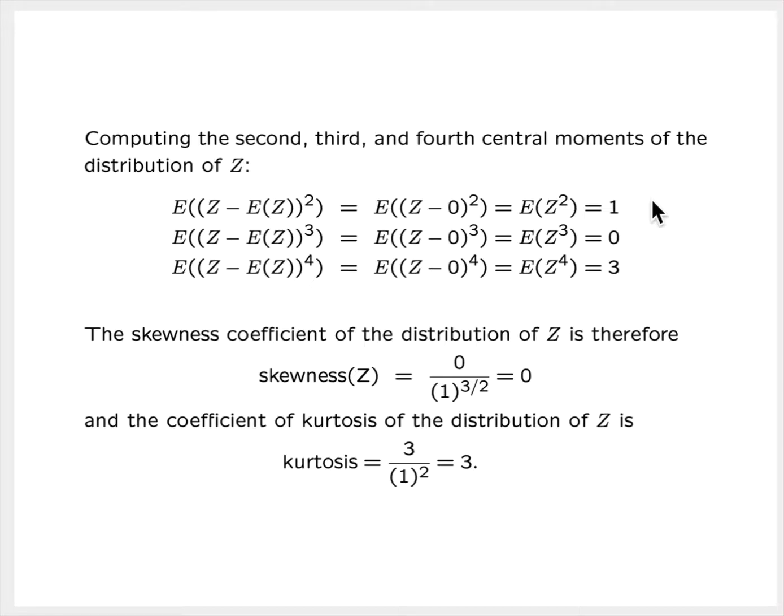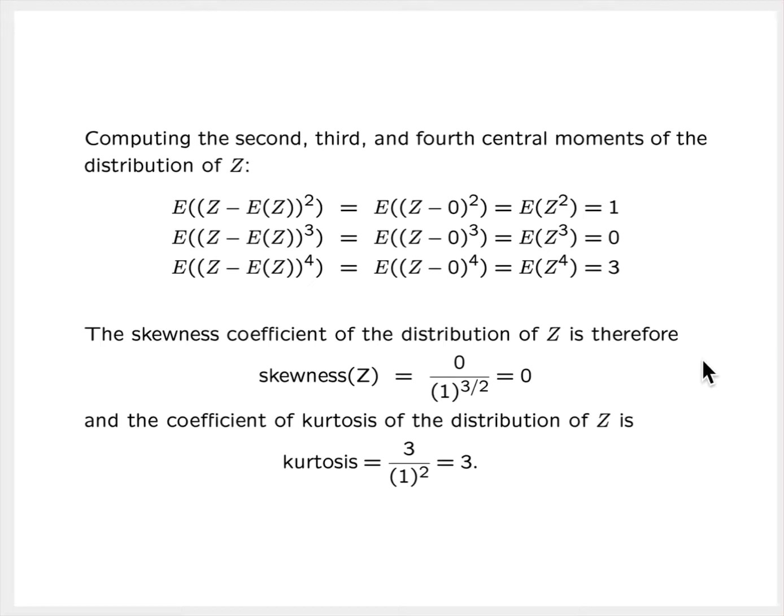The third central moment is equal to the third raw moment, because the mean is 0. The third raw moment we saw to be 0, and so the third central moment is also equal to 0. And then finally, the fourth central moment is equal to 3.